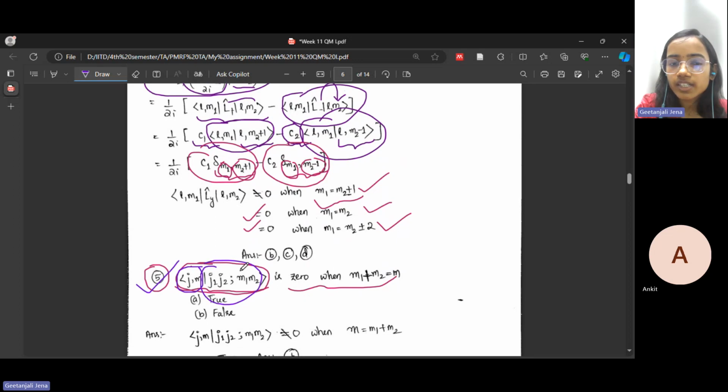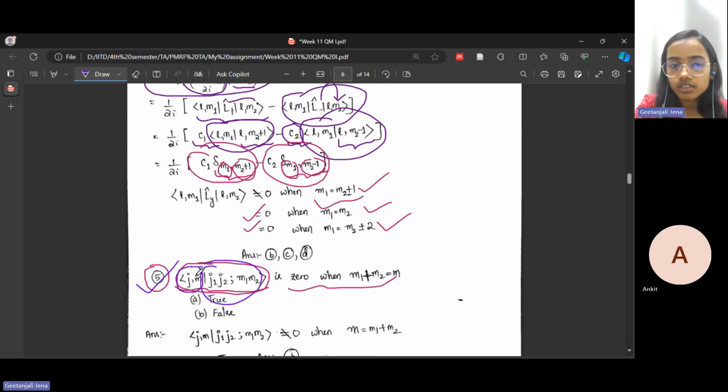Okay, so this is how you can check whether the CG coefficients are 0 or not. For a non-zero value, we have to check whether the M value is equal to M1 plus M2 or not. If it is equal to M1 plus M2, then you can state it is non-zero.